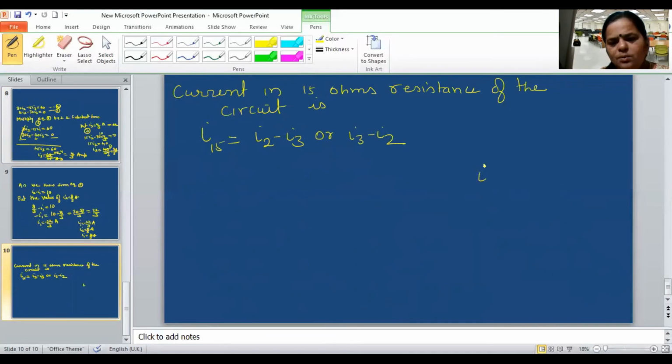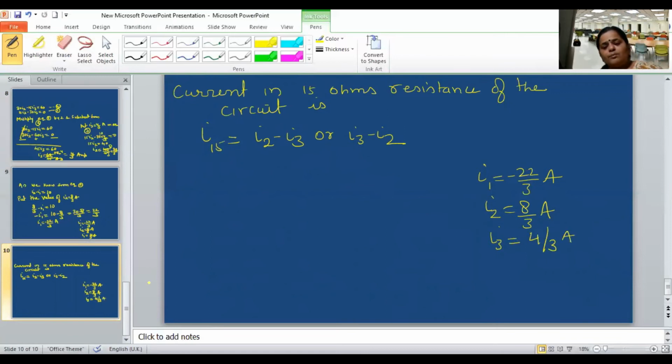Now we know I1 we have determined as minus 22 by 3, I2 as 8 by 3, and I3 as 4 by 3 ampere. Now the sign which is coming with the current: in I1 the current sign is coming minus, it means the randomly chosen current direction in mesh 1, the actual direction will be opposite to it.